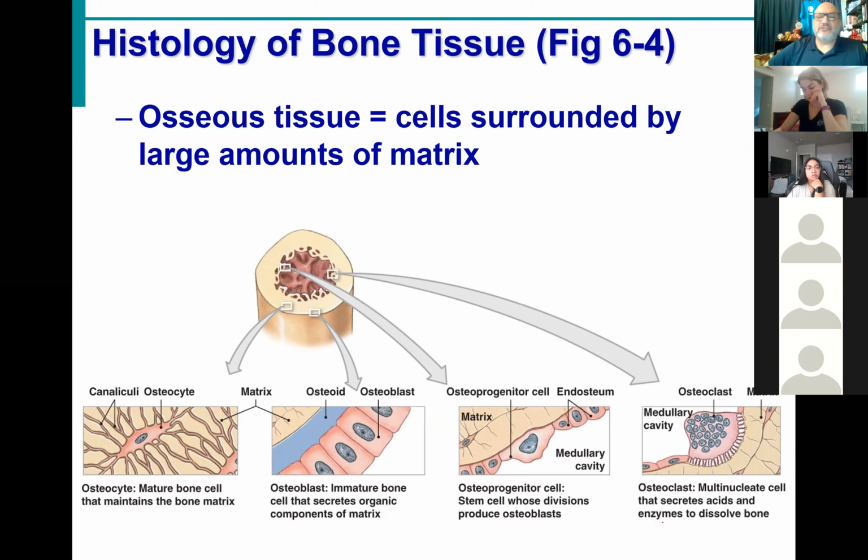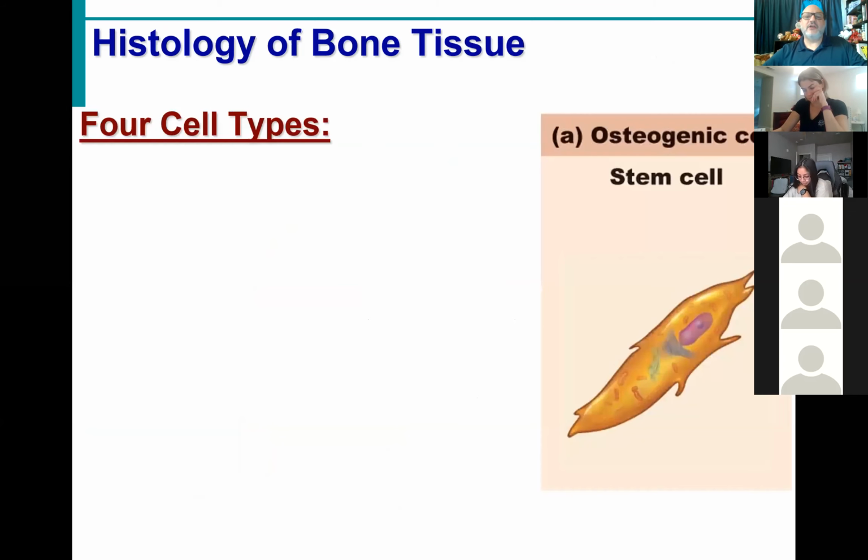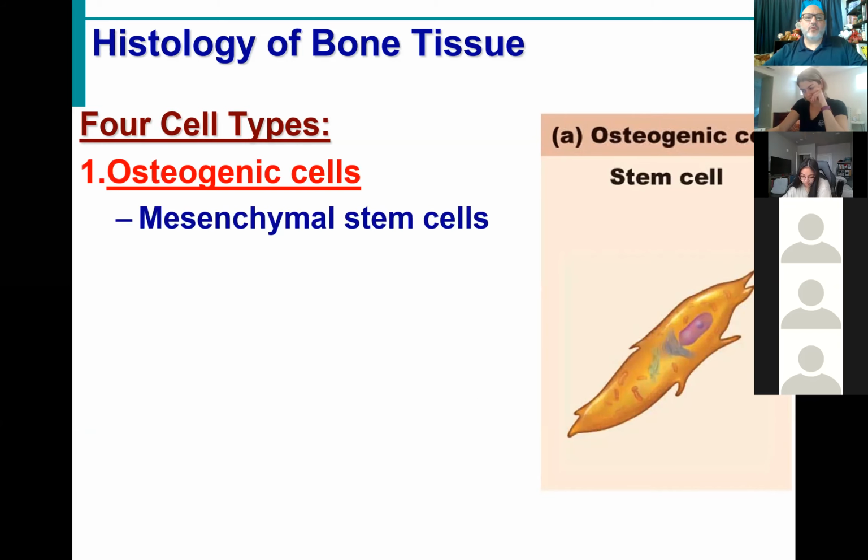And the first thing we need to talk about is that there are basically 4 cells that are used to form our bone connective tissue. So let's talk about those. The first of these cells is what is known as an osteogenic cell.